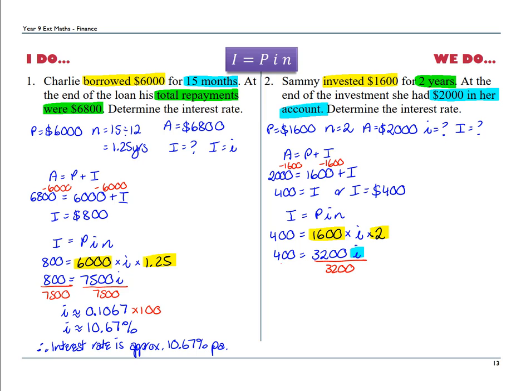So we do the opposite, we divide by 3,200. 400 divided by 3,200 is 0.125. Multiply that by 100 to get it as a percentage rate. Okay, so that's 12.5%. And finish with the therefore statement. Therefore, interest rate is 12.5% per annum.